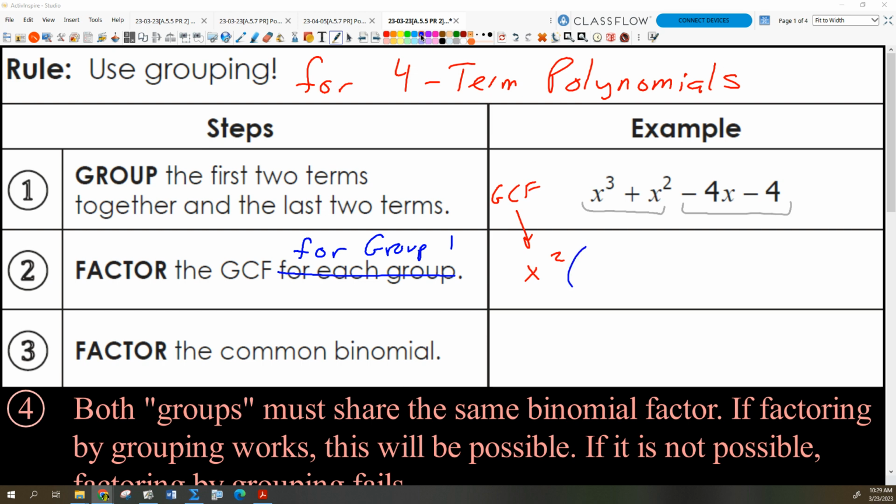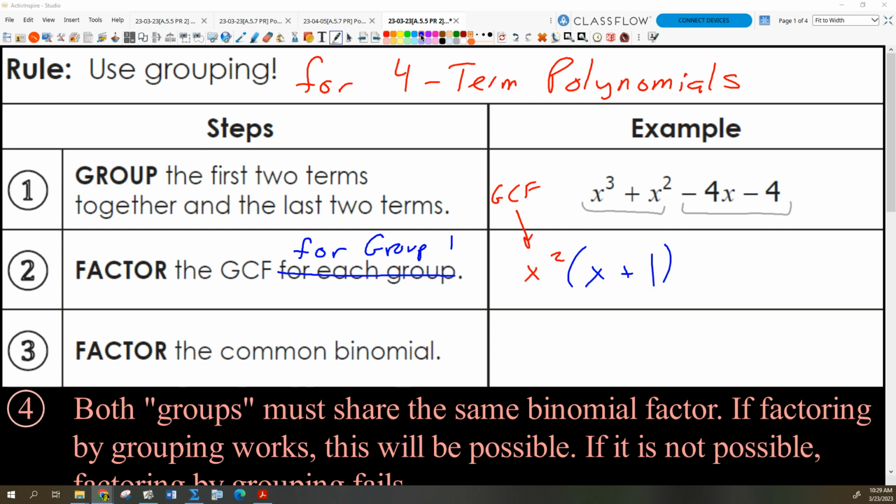And then what's left behind if we factor that out? Okay, good. X squared times x would give me x cubed, and then plus 1: x squared times 1 would give me x squared, right? Now here's where things get a little different from what they do. If factoring by grouping is going to work, then the binomial factor, the leftover factor that we get, is going to have to be the same in each group.